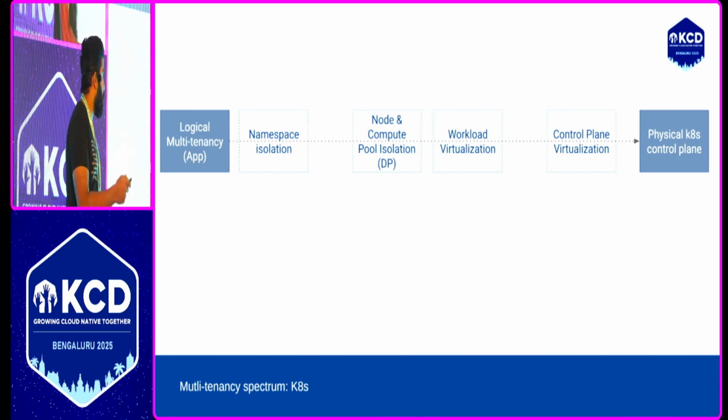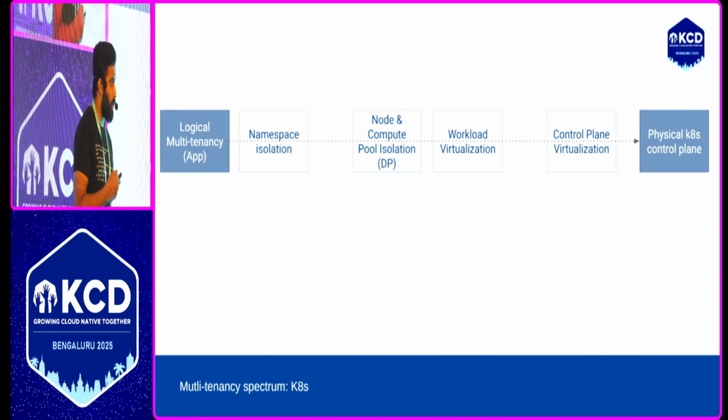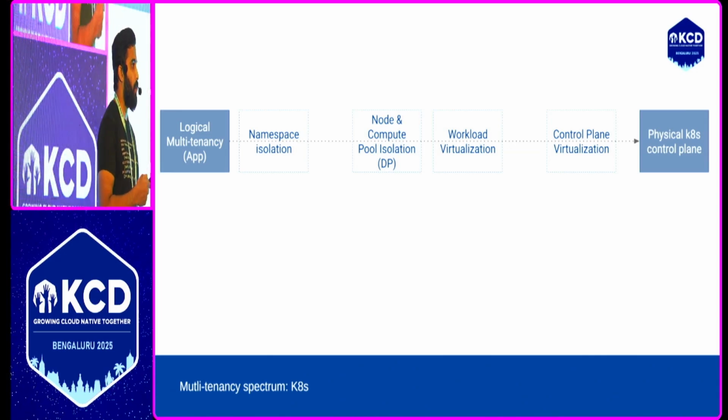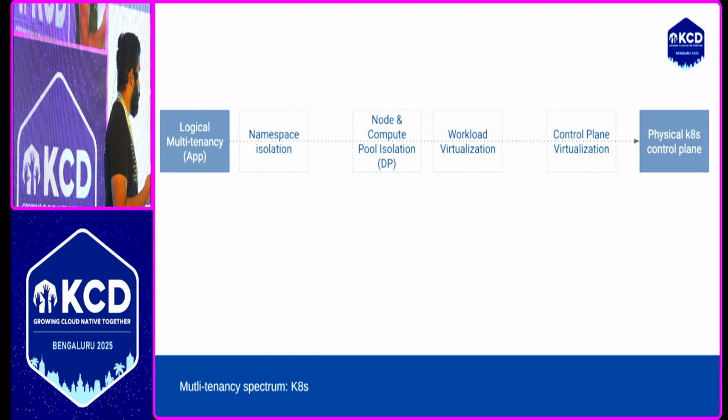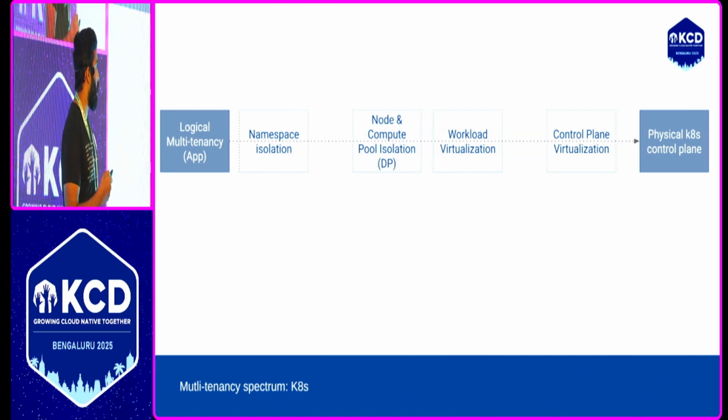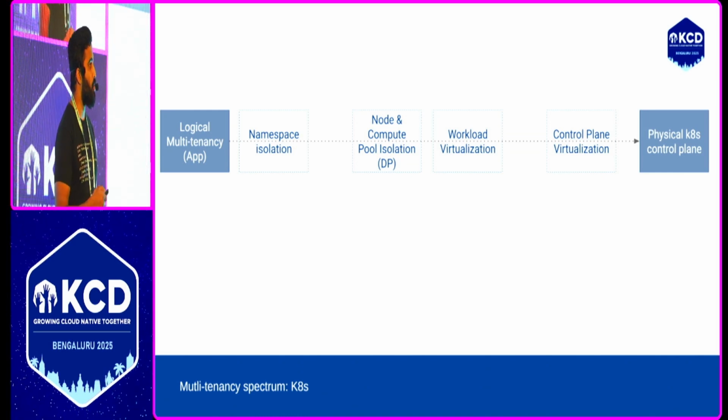And as we move along the spectrum, we also have the option of virtualizing the control plane itself, along with the different physical workload nodes for the actual workloads. You can also share the physical infrastructure but virtualize the control plane for the different tenants, so each tenant essentially gets their own control plane.